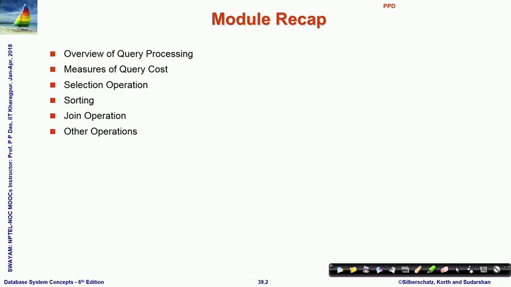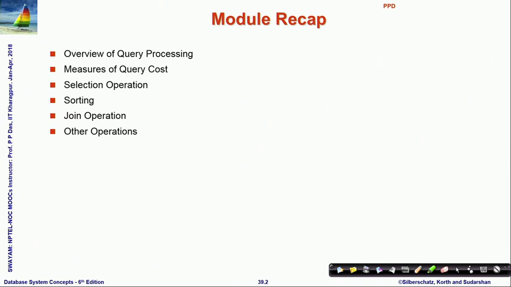In the last module, we talked about the basic issues of query processing, an overview, and the measures of query cost in terms of disk seek time and disk access time, the read write time. And we assumed that we will ignore the CPU and other time for the time being.